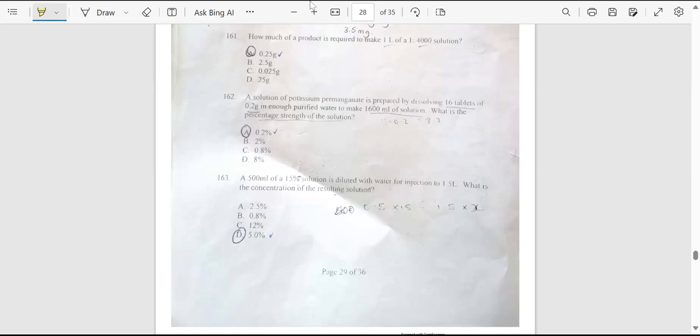The solution we have is 1 to 4,000. That means 1 gram in 4,000 mLs. And we want to know how much of that same concentration we can make with 1 liter. 1 gram is in 4 liters, Cindy. Yeah, 1 gram is in 4 liters. So how much is in 1 liter?